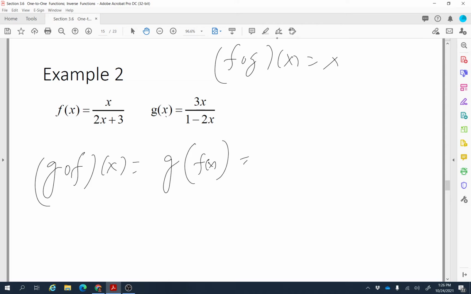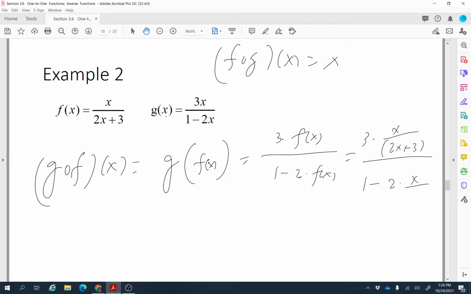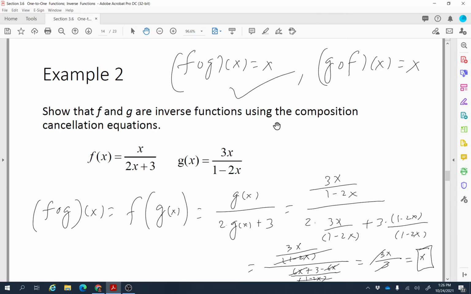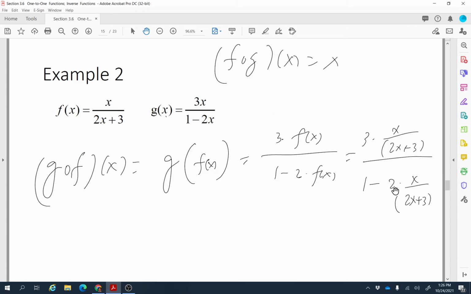So just go here, replace this x by f of x, and finally plug in the value of f of x, which is x over 2x plus 3, into 1 minus 2 times x over 2x plus 3. We can do the same thing like we did here. We can make the same denominator on the denominator part. As you can see, there is a 1 over 1. We can multiply the top part and bottom part by 2x plus 3.